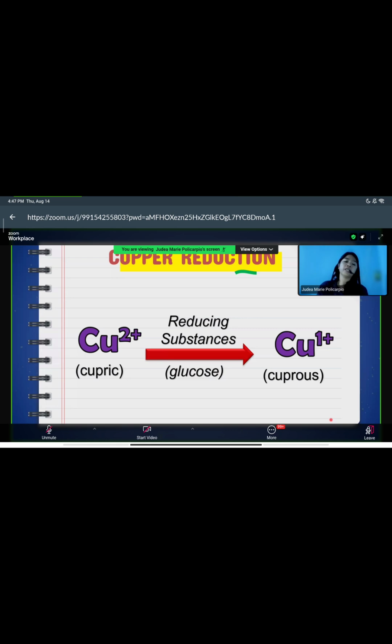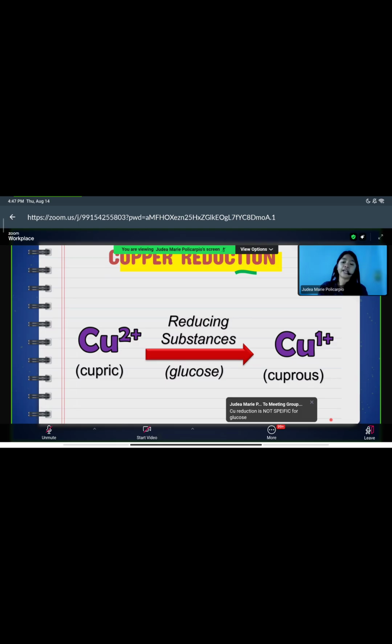Okay? Important thing number one. Is your copper reduction specific for the glucose? Specific ba ang copper reduction test natin for the glucose? The answer is no. Copper reduction is not specific for the glucose. Bakit? Kasi they can actually detect the reducing sugars.